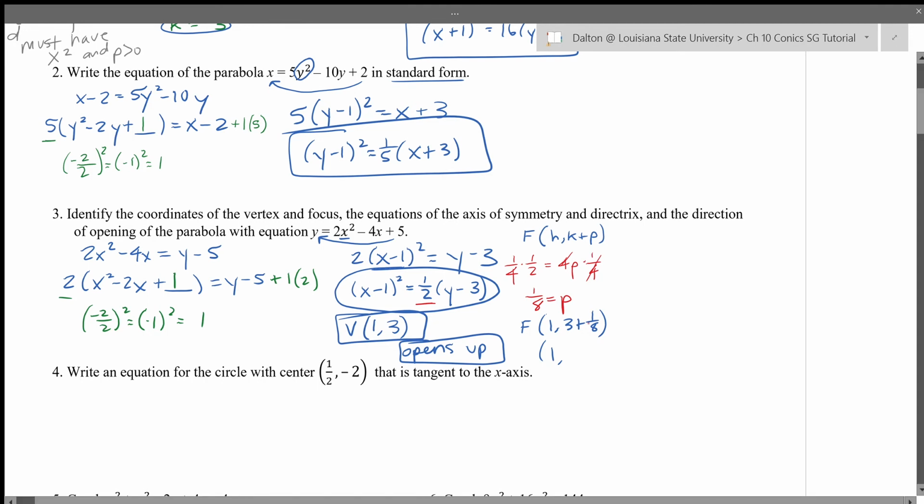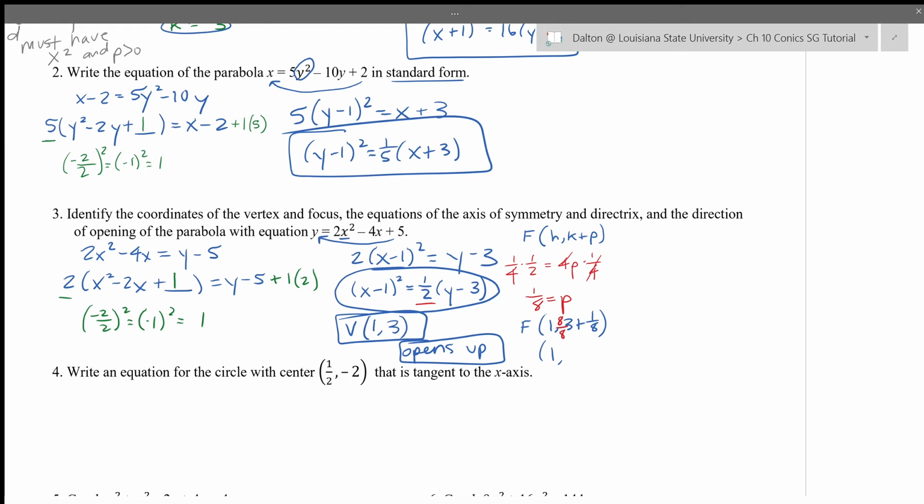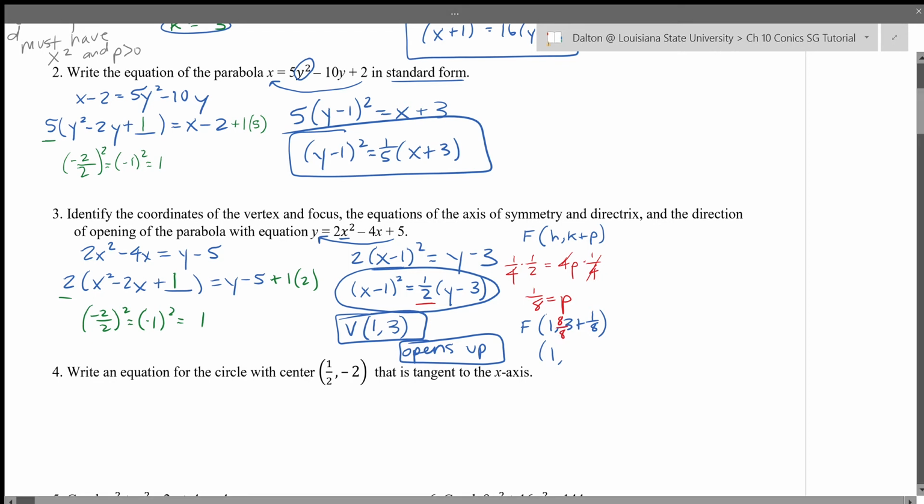So if I need common denominators to add, I'm going to multiply 3 by 8/8. So 8/8 times 3/1 is going to be 24/8 plus 1/8. Therefore, we get the coordinate of our focus, which will be (1, 25/8). So there's the focus.